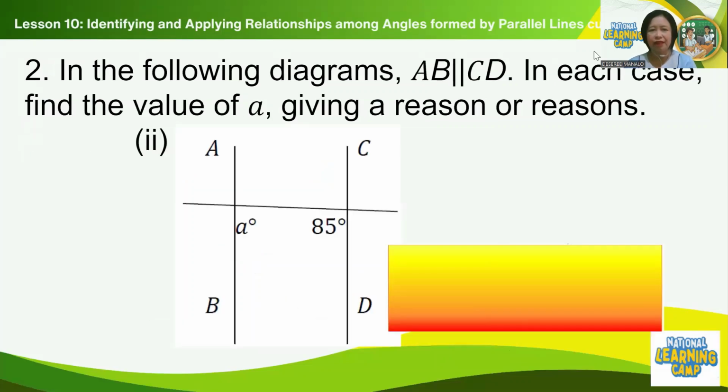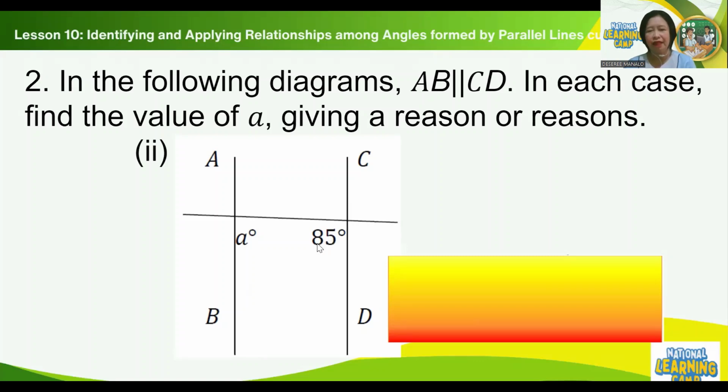In the following diagrams, AB is parallel to CD. In each case, find the value of A, giving a reason or reasons. So what's the value of A? The other angle is 85 degrees. Let's find out.